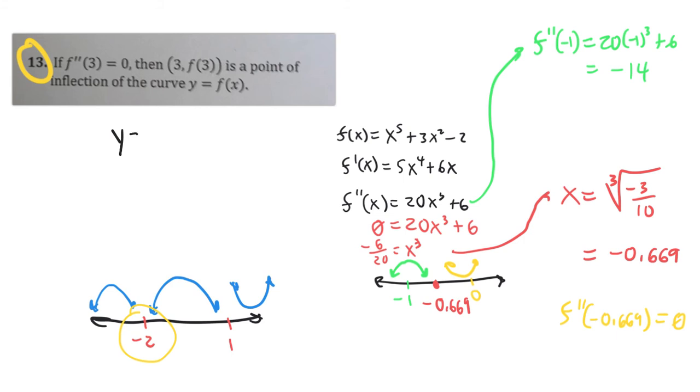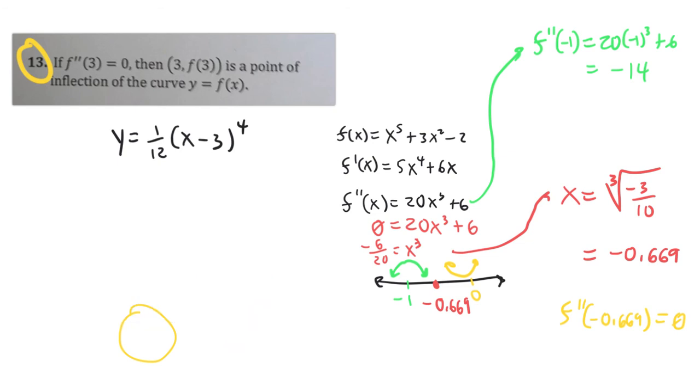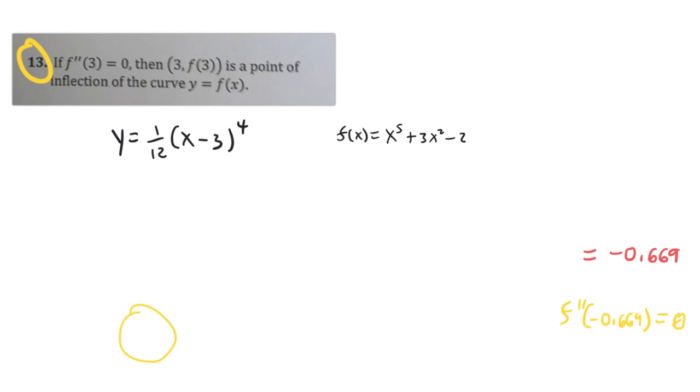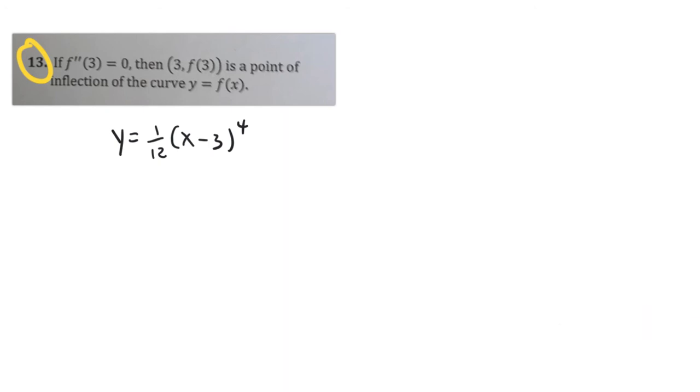the function y equals 1/12 (x minus 3) to the 4th. So let's actually investigate that. That could be interesting to see as a counterexample of why you're going to get critical values, but not necessarily points of inflection. So we have y prime. This would be chain rule.